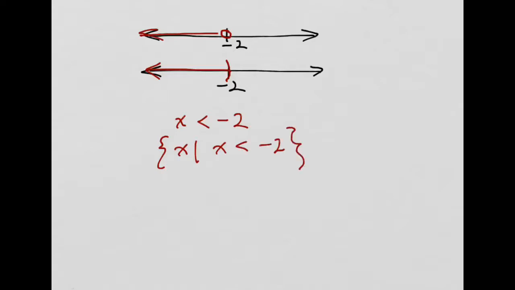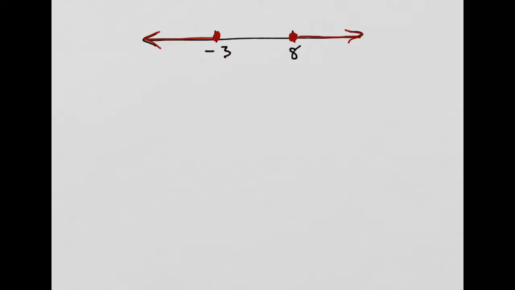Or in interval notation, smooth bracket, negative infinity, and then -2, where we've got two smooth brackets because nothing's filled in, and infinity and negative infinity would always have a smooth bracket.